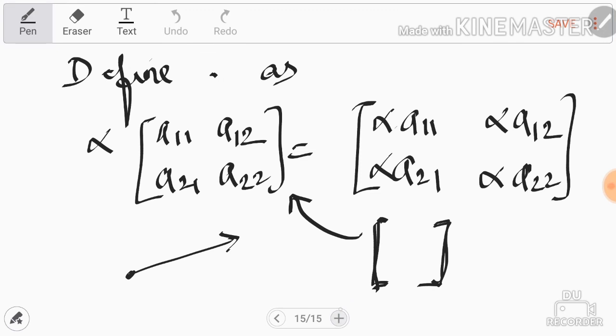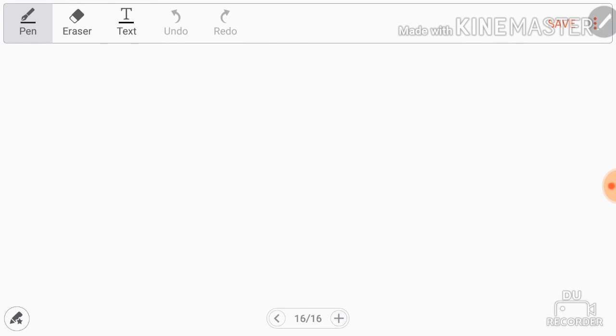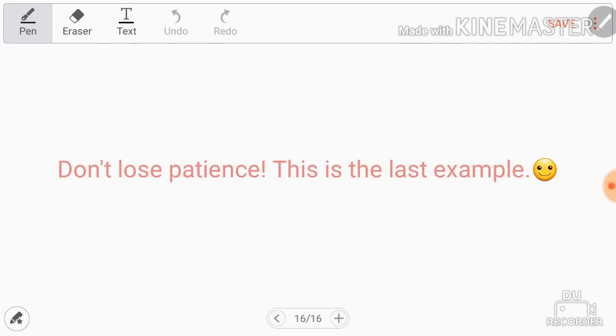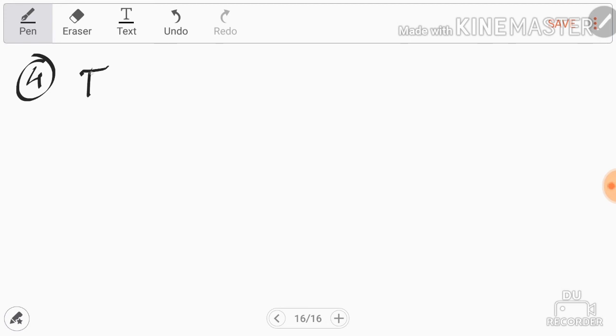Okay, let me give you one more example of a vector space. This would be the fourth example of a vector space, and it is F(X, R). What do you mean by F(X, R)?